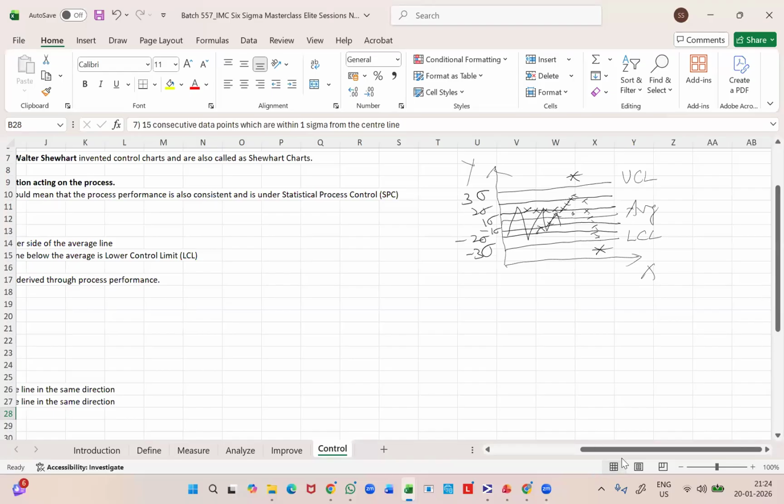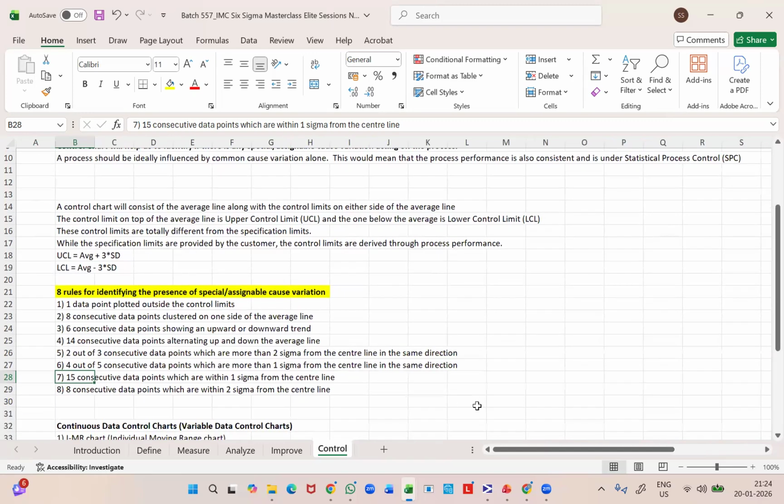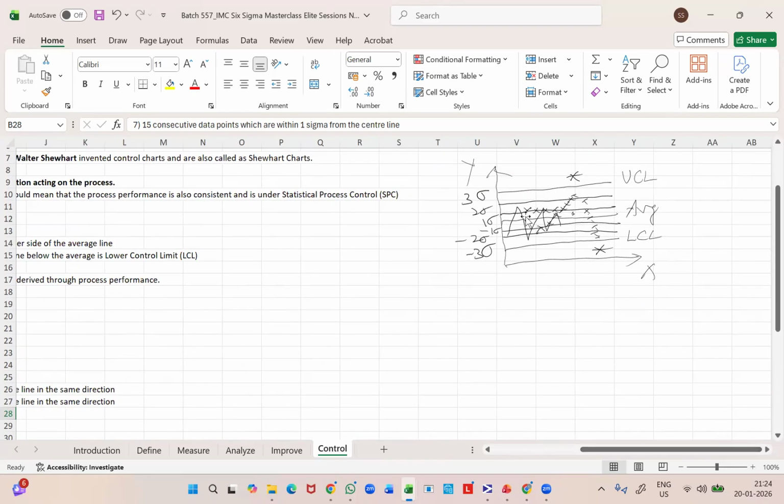And finally, if you observe 8 consecutive data points which are within 2 sigma from the center line, between plus 2 sigma and minus 2 sigma, then also we need to suspect presence of assignable cause variation acting on the process, right?